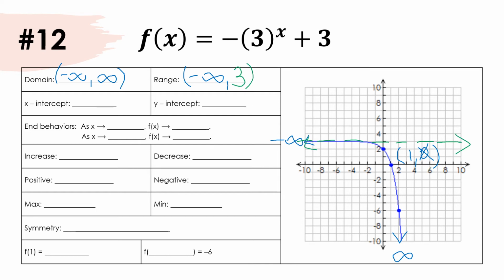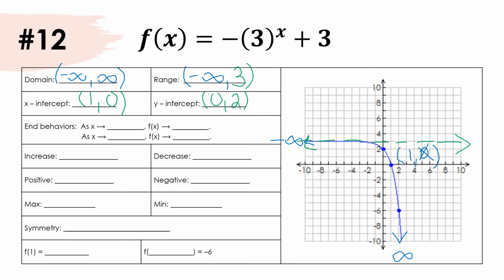Your horizontal asymptote should always be part of your range. If your function is below the asymptote, it'll be negative infinity to the asymptote, and if your function is above the asymptote, it'll be the asymptote to infinity. The x-intercept is at (1, 0). The y-intercept is at (0, 2).